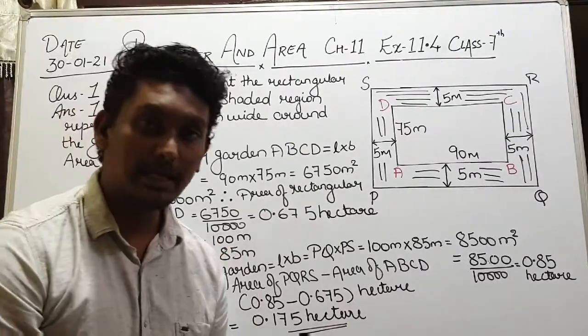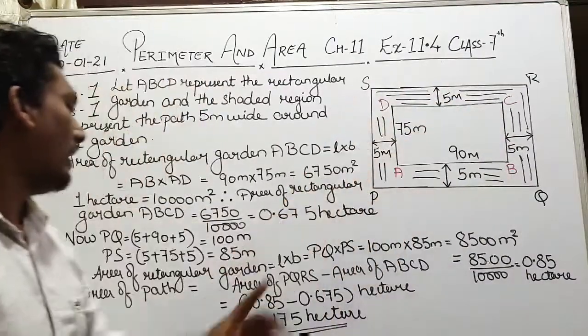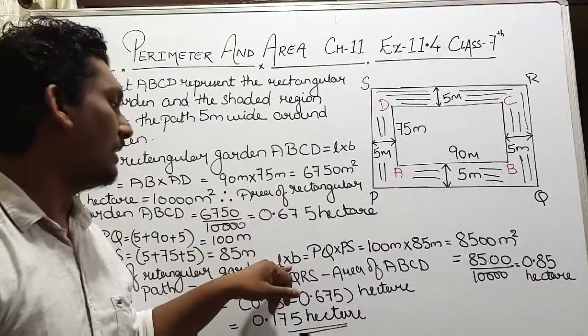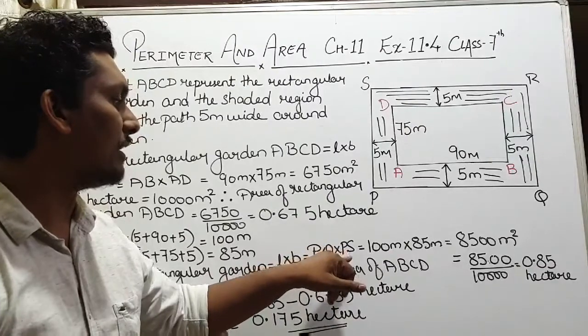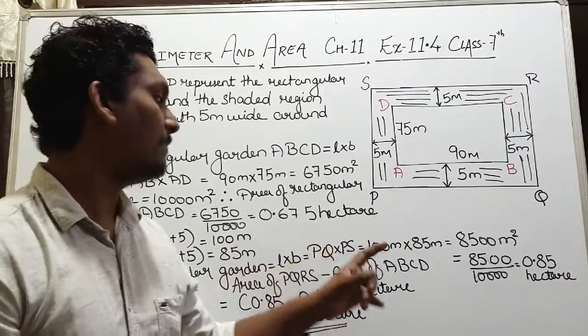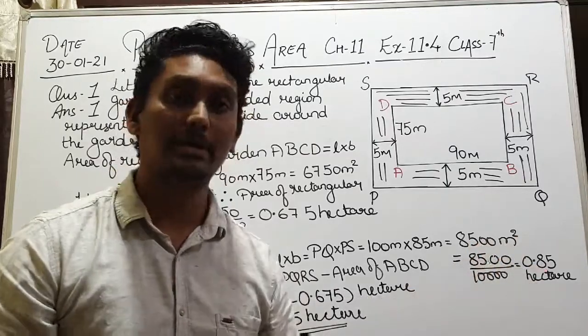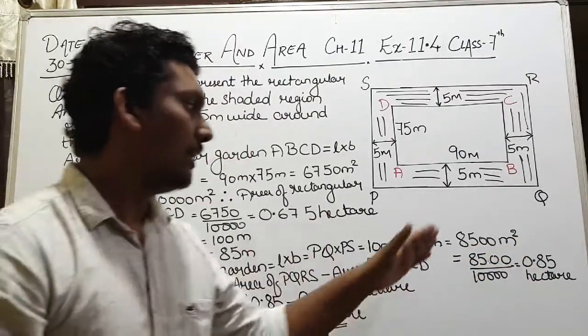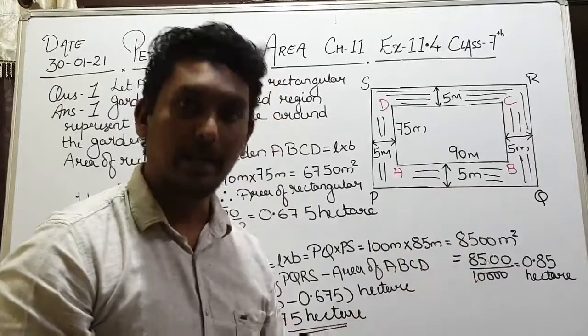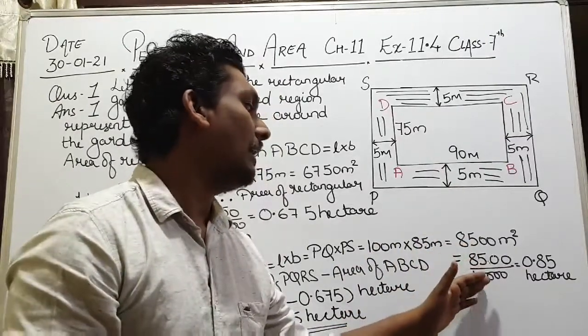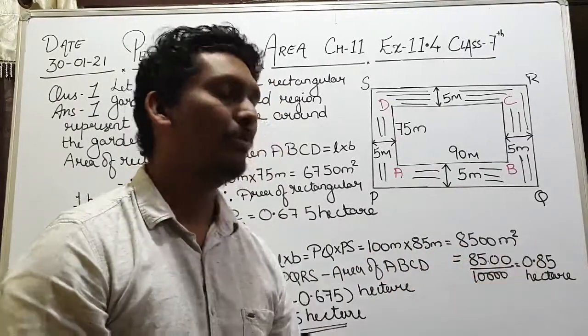Again we have to find the area of PQRS. Area of PQRS is length into breadth, PQ into PS, 100 into 85, so we get 8,500 meters square. Again, we have to convert this unit into hectares, so we will divide it by 10,000, so we will get the answer 0.85.